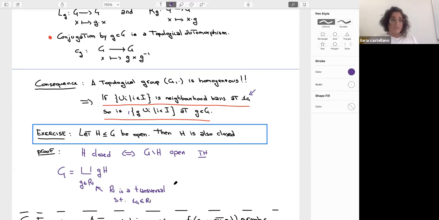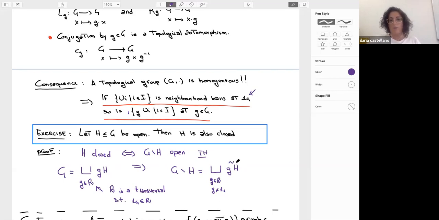So since H is a subgroup, we can write G as a disjoint union of left cosets of H. This implies that G minus H, the complement, is the union of all these cosets, but g has to be different from the identity. So we are just taking H out of this union.